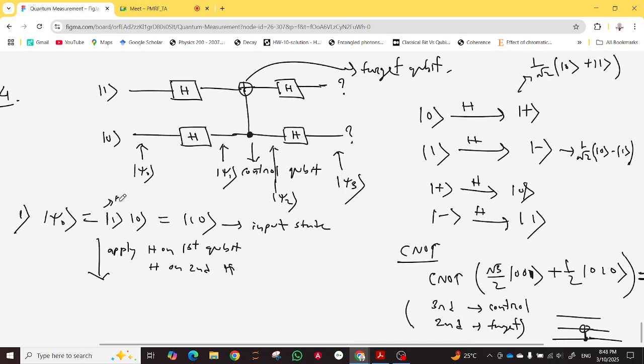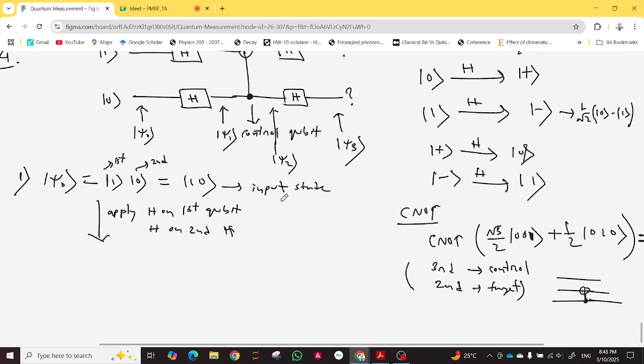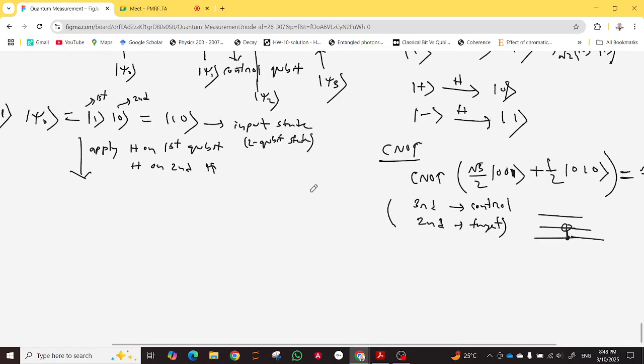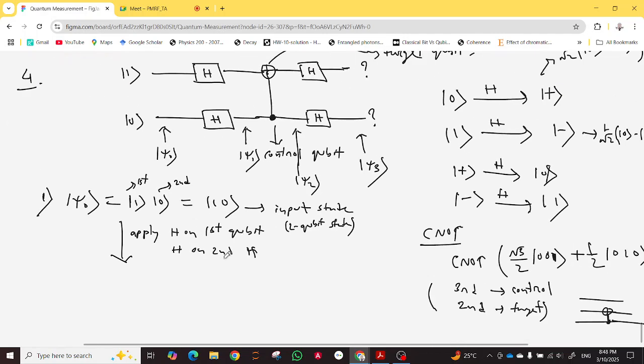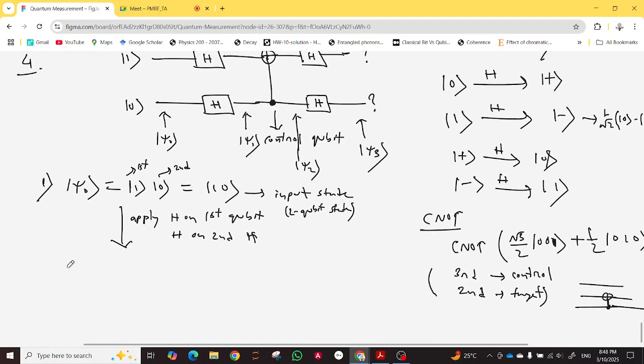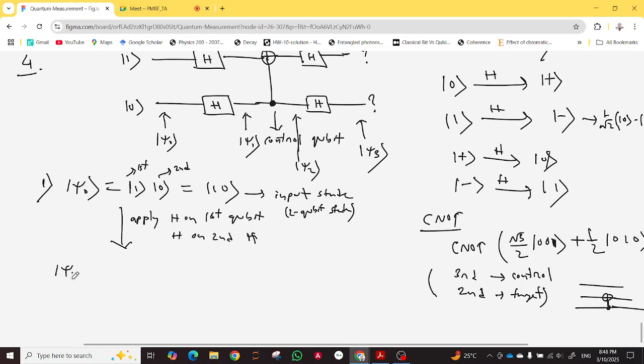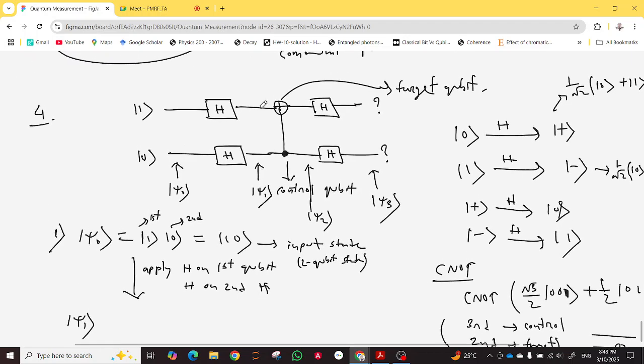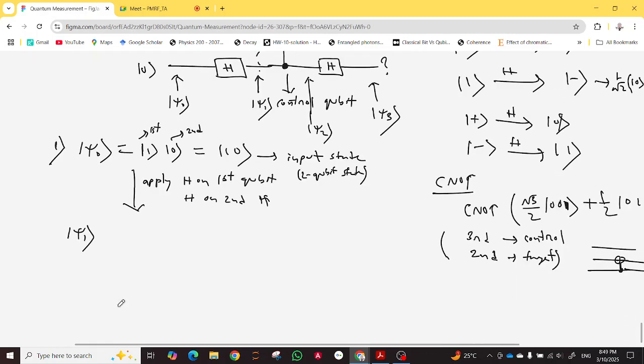So this is your first qubit and this is your second qubit. So now what will be your 2 qubit state? This psi0 is your input 2 qubit state. After applying Hadamard, what will be your 2 qubit state psi1? You have to write psi1 now because psi0 will become psi1 here, right? So what will be your psi1?